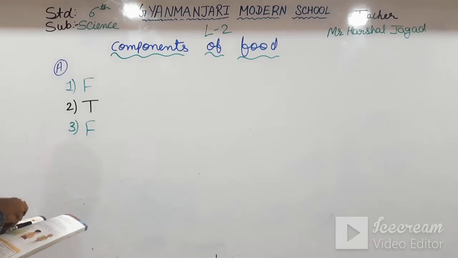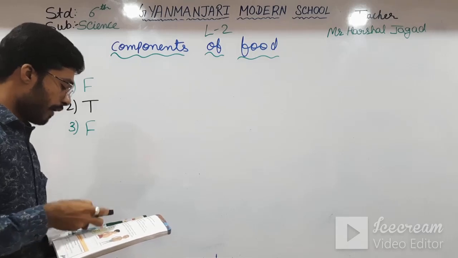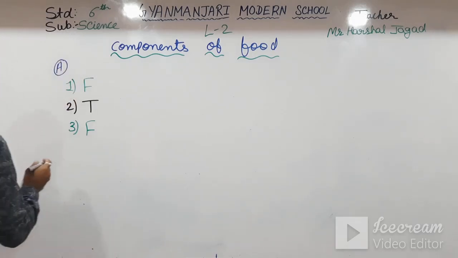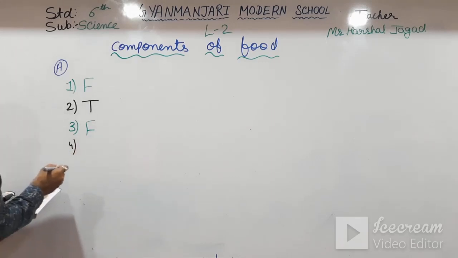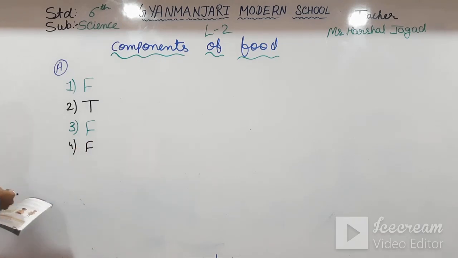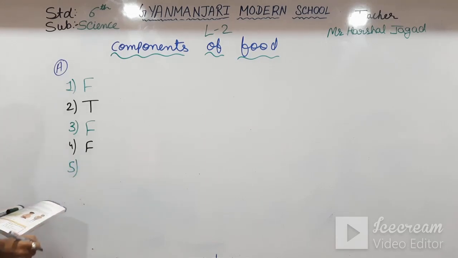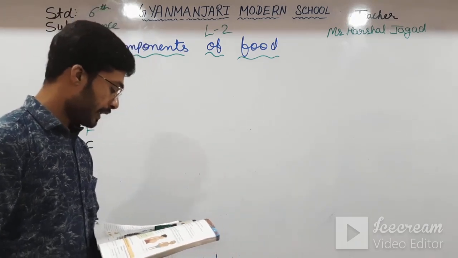Fourth one, our muscles are made up of fats mainly. No, it is false. Our muscles are not built up of fats. Fifth one, soybean is a rich source of plant proteins.